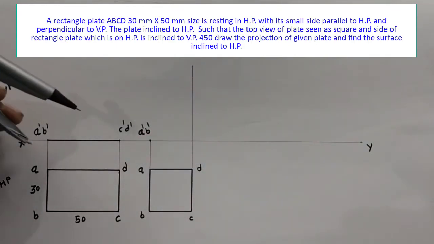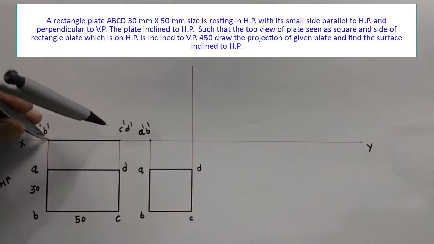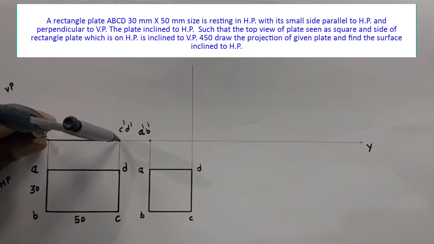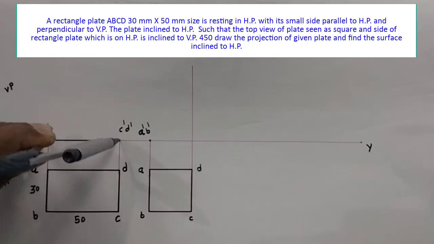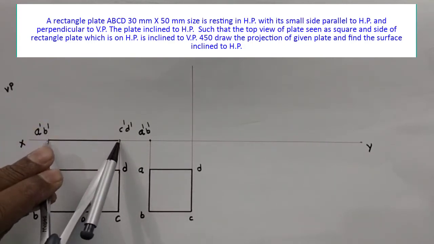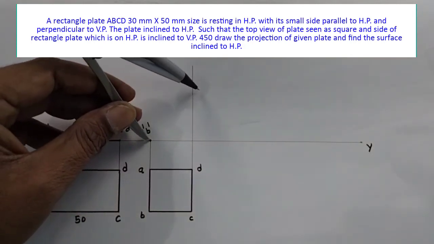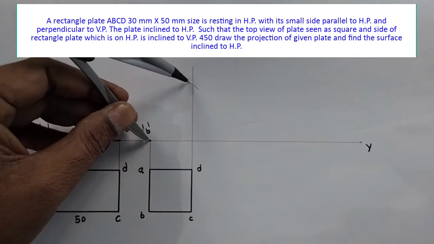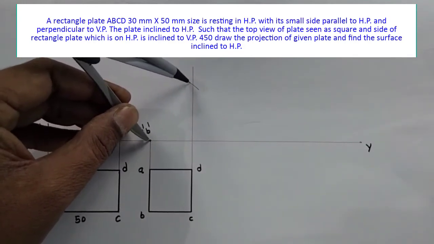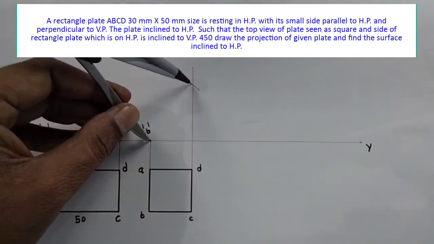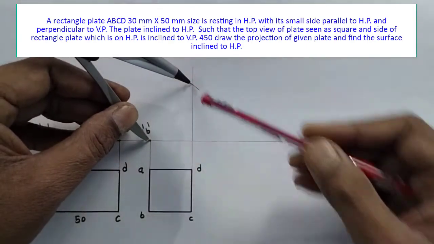So we know the true length A dash C dash, that is the elevation of the first stage. With A dash as center, simply I draw the arc on the projection which is coming from the top view length.